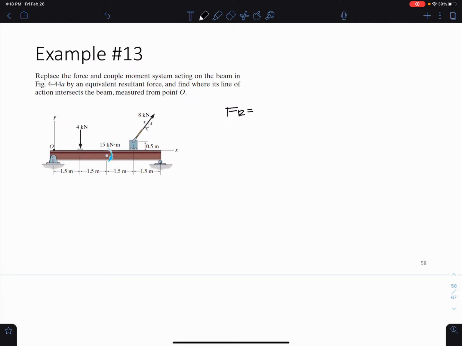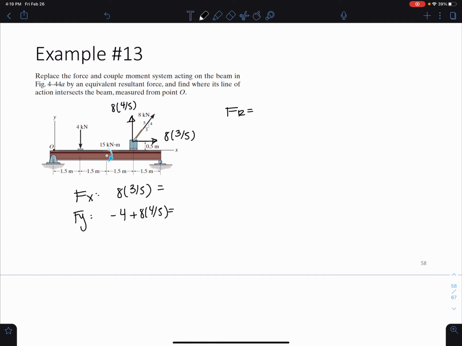So here, let's first put all of our forces. We have 8 times 3 over 5, and we have 8 times 4 over 5. So our resultant here, we're going to have our Fx forces, which are the 8 times 3 over 5. We have the Fy forces, which are going to be negative 4 plus 8 times 4 over 5.